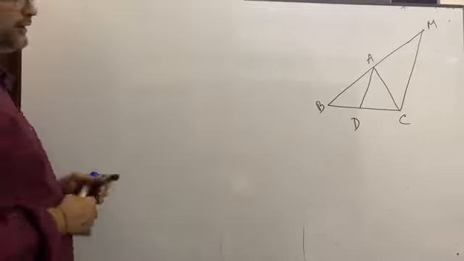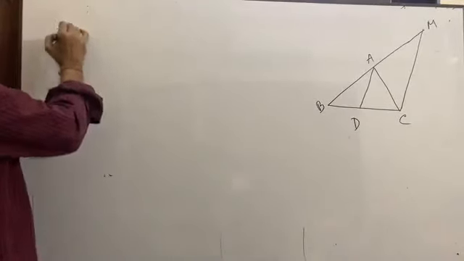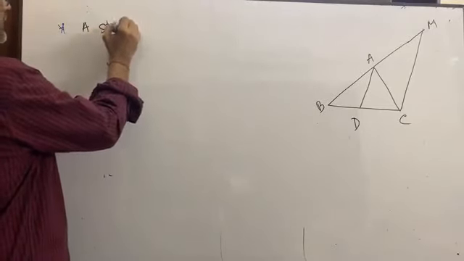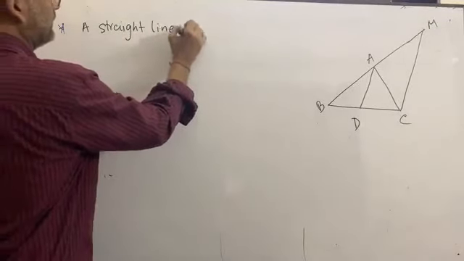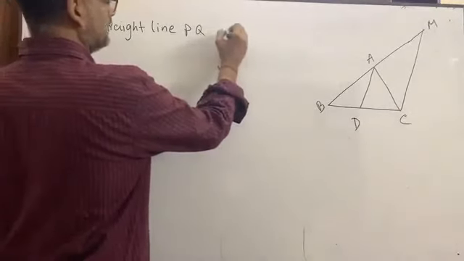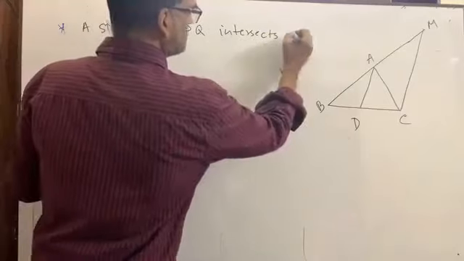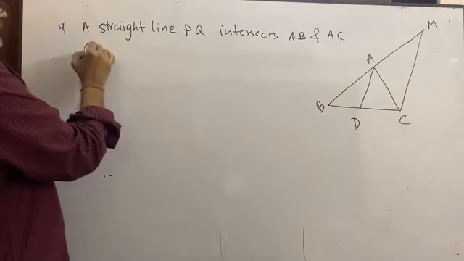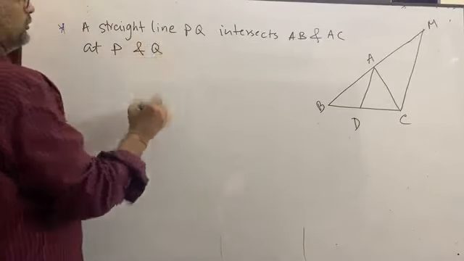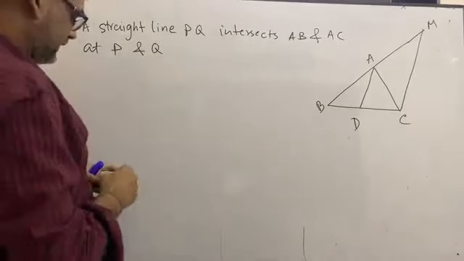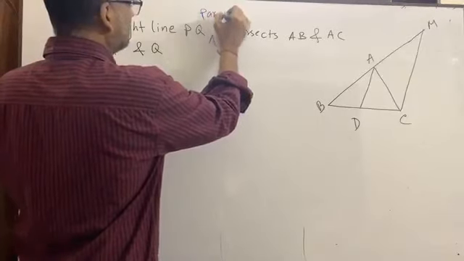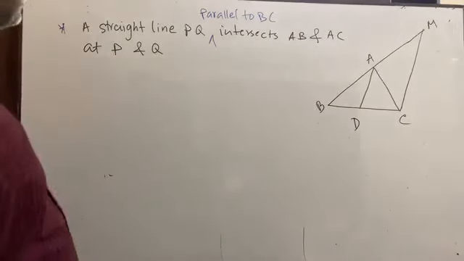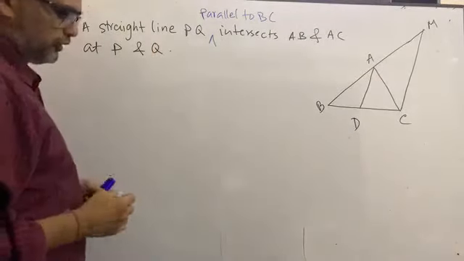Another question. Suppose in this figure, a straight line PQ parallel to BC intersects AB and AC at the points P and Q. So what can we do?